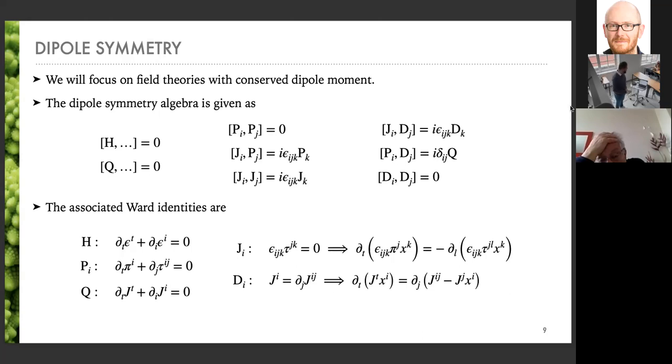I'm assuming here that there is no internal spin quantum number associated with my fields. Otherwise this is not enough, and I have to also introduce a spin operator, but normally this suffices. Then I have this new symmetry, where dipole conservation implies that the flux is given by the gradient of a symmetric 2-form. This tells you that the dipole moment is conserved, which is what we saw in the previous slide.